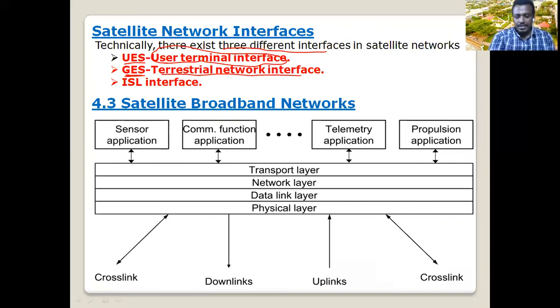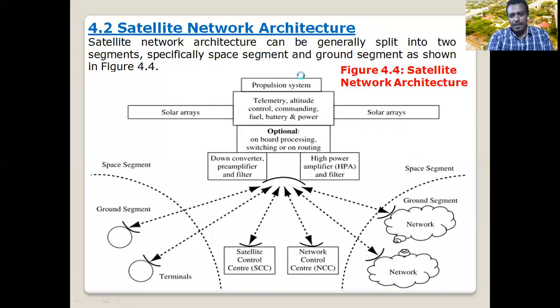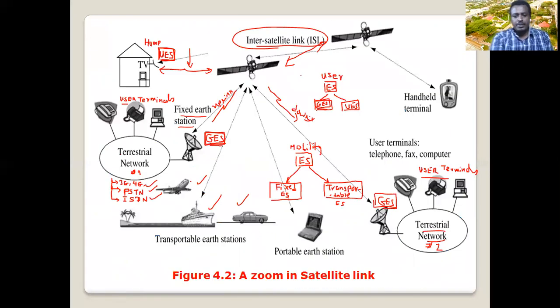Finally, as we have discussed, in low Earth orbit networks, there is a link we call ISL. This link is communication between one satellite and another satellite. For this satellite to communicate with another satellite, there must be an interface. That interface is called the ISL interface.